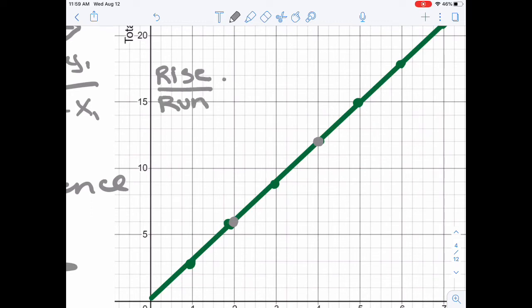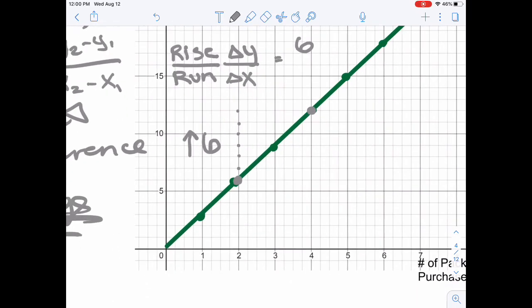So rise is our change in y's. So let's take a look at how far and how much we changed in the y in the vertical direction. So I'm going to start at this point, and I'm going to count up 1, 2, 3, 4, 5, 6. Because I went up 6, I increased 6, it's going to be a positive 6. Let's take a look at our run. Our run is our change in x's.